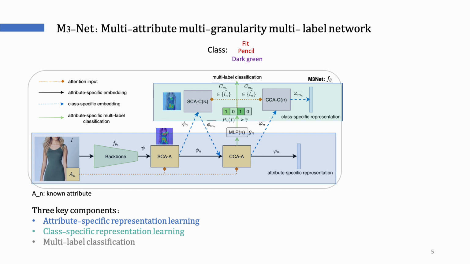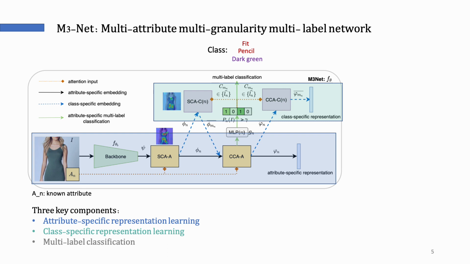The representations in two granularities are all achieved by conditional attention modules, including spatial and channel-wise conditional attentions, denoted as SCA and CCA in this figure. And please refer to our paper for more design details for our network and the conditional attention modules.